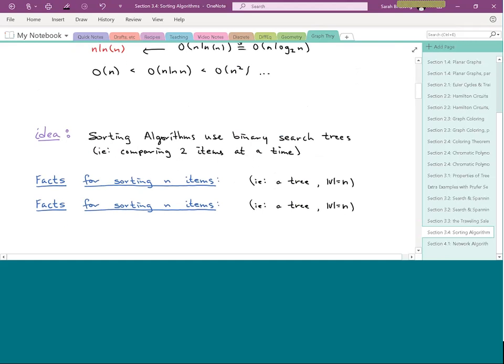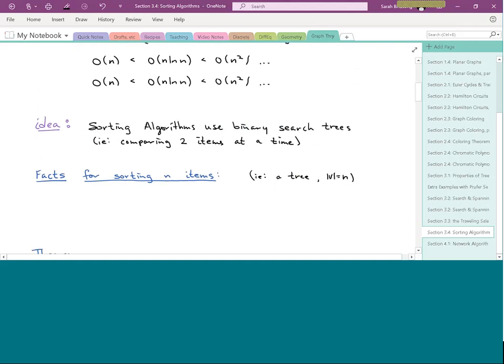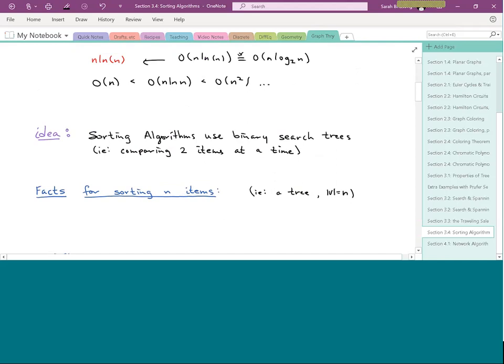Now, fair warning, if you are sorting a grand total of n items, the tree that you build will have a grand total of n vertices, but it turns out that it has at least n factorial leaves, so it can get really large.